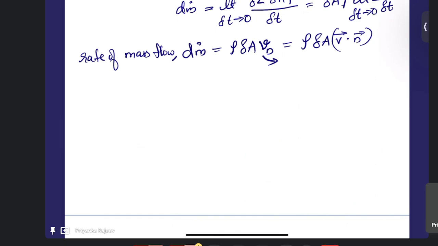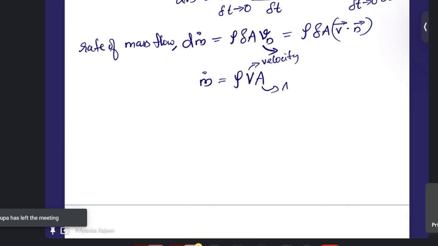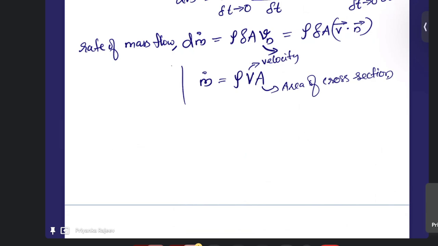So this is one expression. In common terms, when V is completely aligned to the normal of the cross section, we can simply write m dot equal to rho V A, where V is velocity and A is the area of cross section. So this will be the final expression.